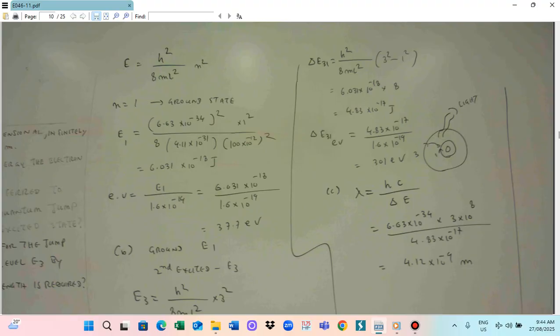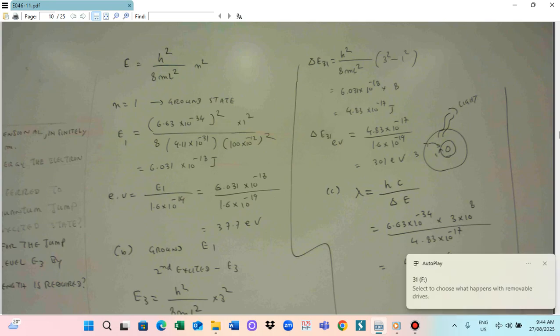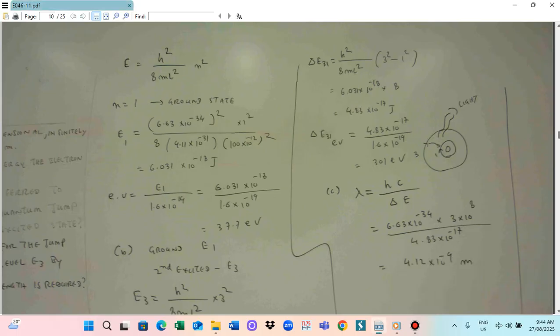So that will be 4.83 × 10^-17 joules. Delta E31 in electron volts is 4.83 × 10^-17 divided by 1.6 × 10^-19. So you get 301 electron volts.